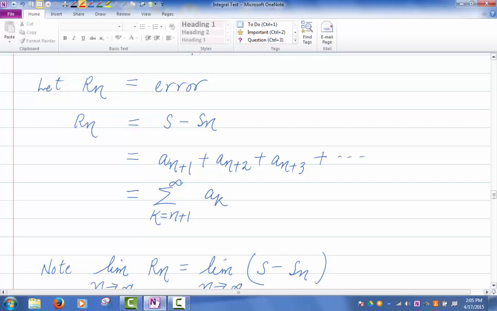If you subtract the first n terms from the series, you get the remaining terms starting from the n plus first term, right? Is everybody okay? From the entire series, you are subtracting the first n terms. You are left with the remaining terms starting with the n plus first term. So Rn, the error, would be given by the summation k going from n plus 1 up to infinity of ak.